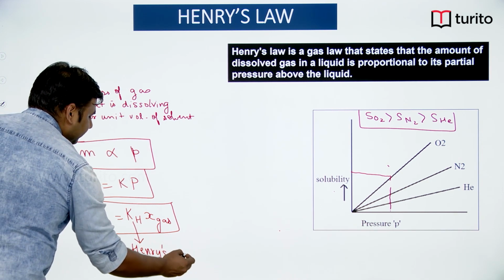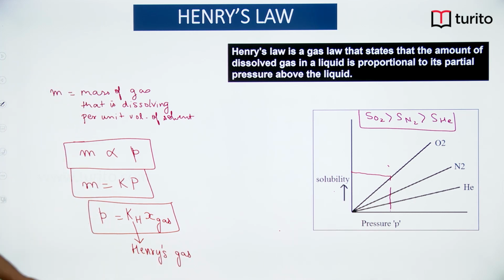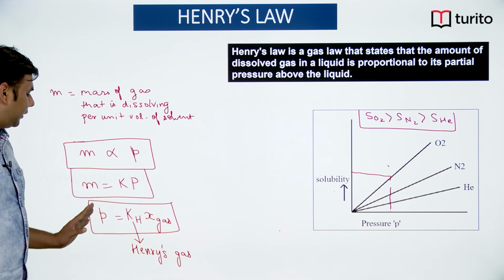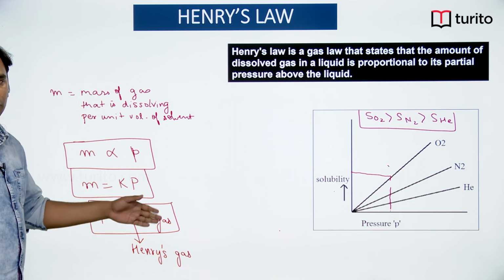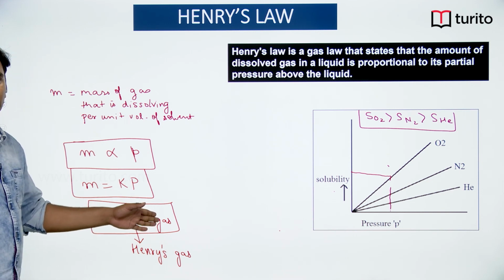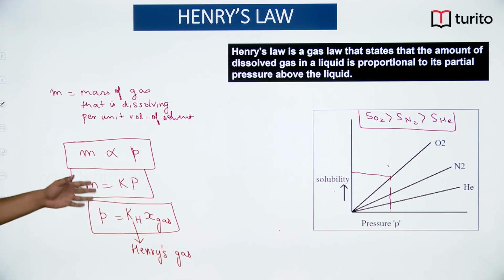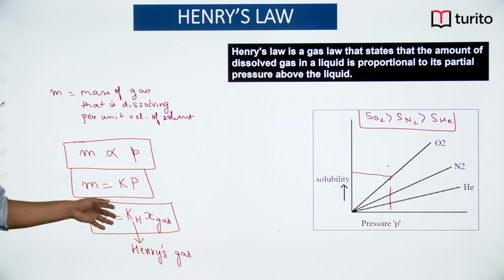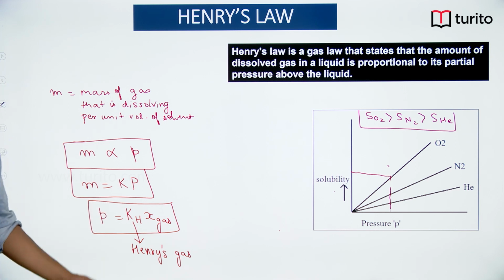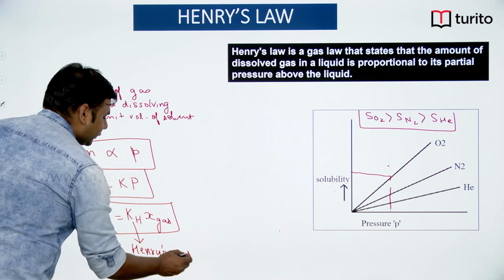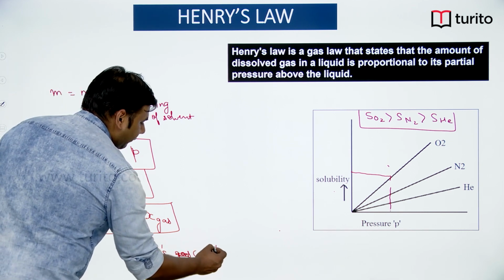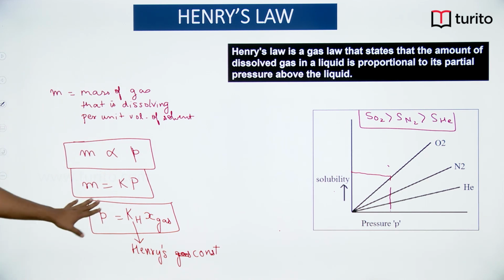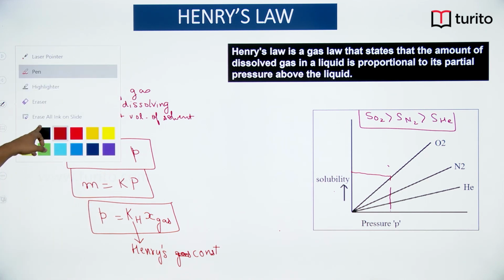So we'll say that the amount fraction of the gas that is getting dissolved in a particular solvent is proportional to the partial pressure of the gas. Now when you remove the proportional sign, you get a constant. So P equals Kh into X gas, where X gas is the mole fraction of the gas. Kh here is called Henry's constant. Hope this is clear to you. So this is the expression for Henry's constant.